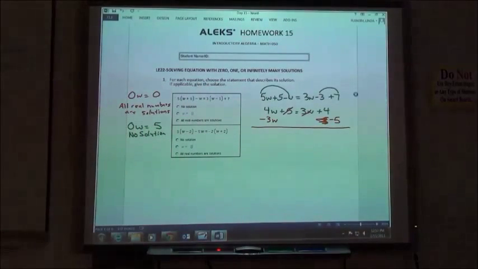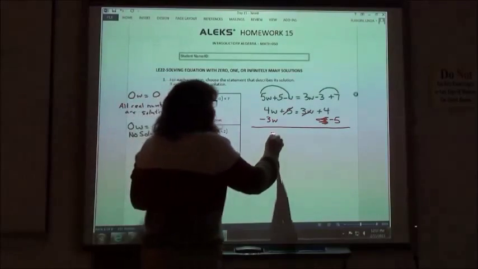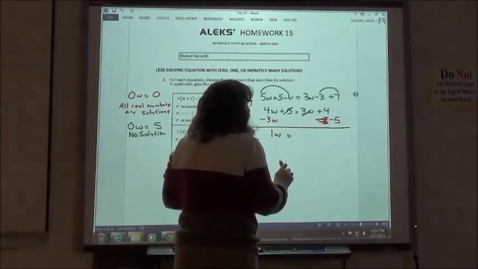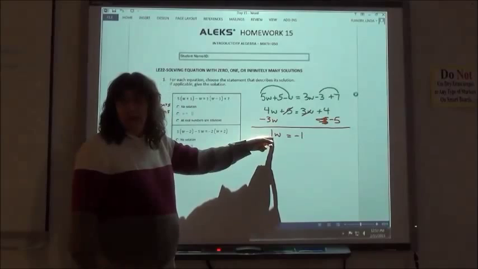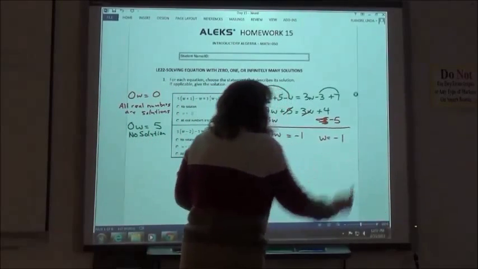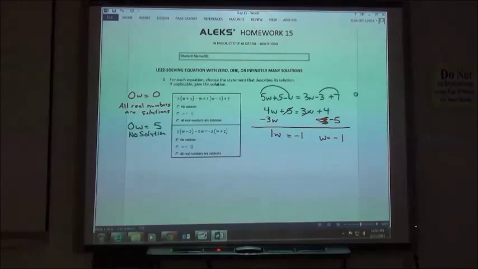And so 4w minus 3w is 1w. 4 minus 5 is negative 1. Now we know that 1w and w are the same thing, right? So w just equals negative 1. Or if you tried to divide, negative 1 divided by 1 is still negative 1.